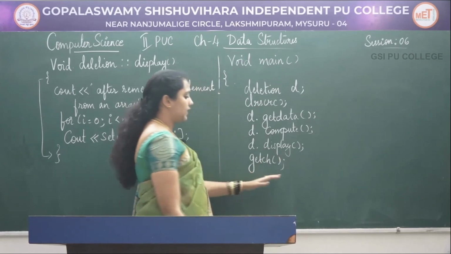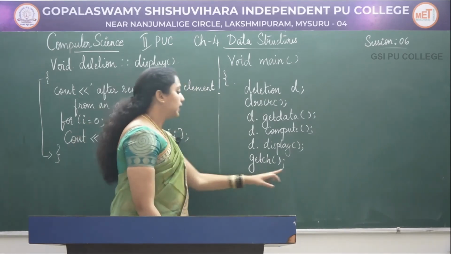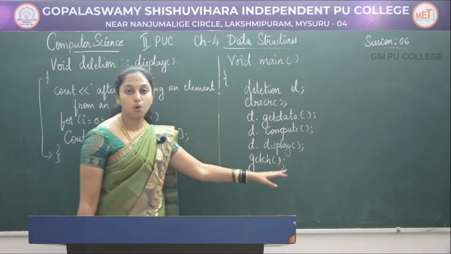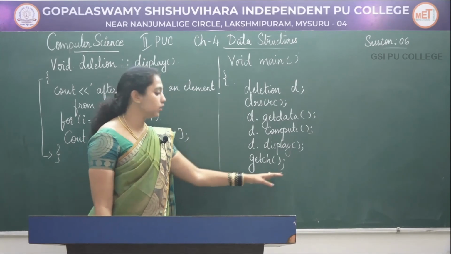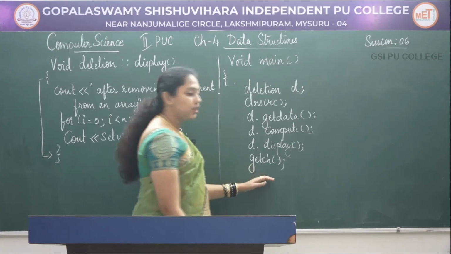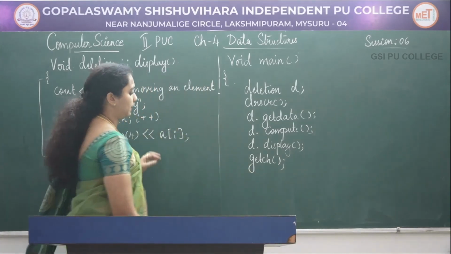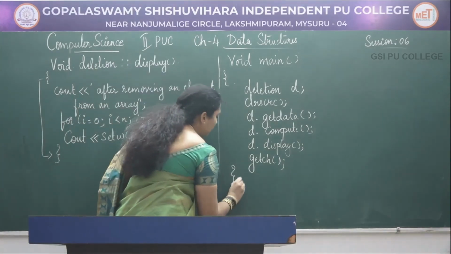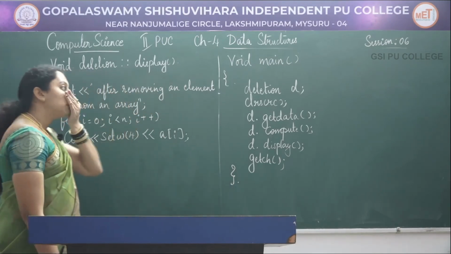Why we are using getch? It is usually used to hold the screen until the user presses any key on the keyboard. So, for that purpose we are using the getch function. Close the main method.